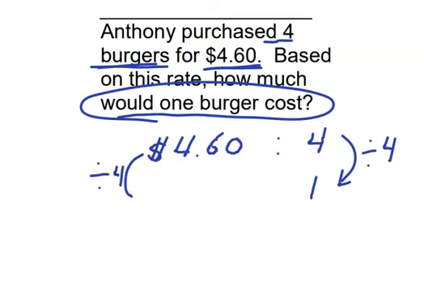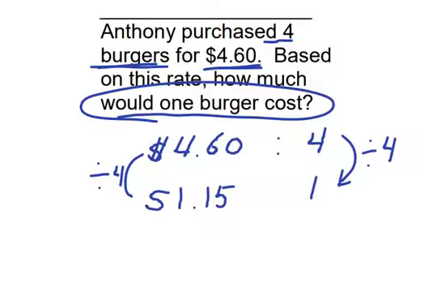So that's that. How would you break 60 into 4 sets? Well, 15 times 2 is 30, and then so 15 times 4 is 60. So 60 can be broken down into 15 cents when you're breaking it down into 4 sets. So 4 goes into $4 once, and then 4 goes into 60 cents with 15 in each group.